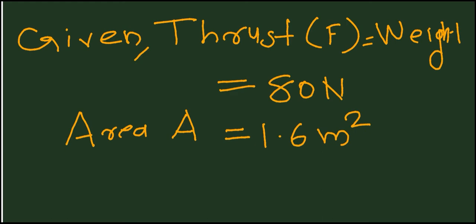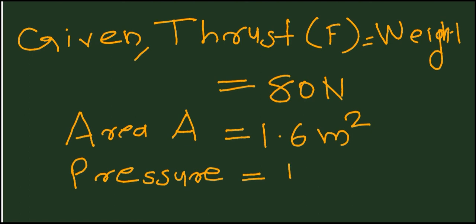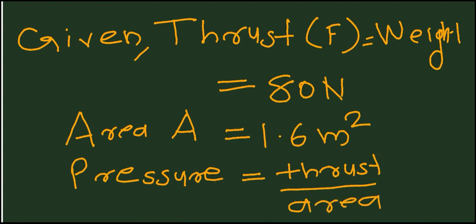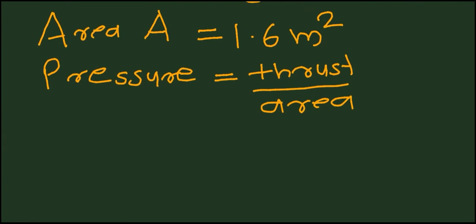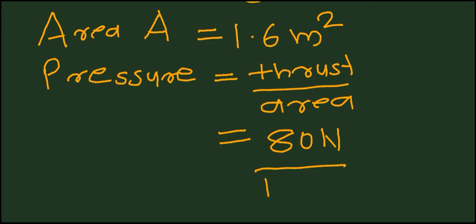Okay. We know the equation: pressure is equal to thrust upon area. It's a direct question. Thrust, or weight, is given here, that is 80 Newton. Area is also given here, that is 1.6 meter square.